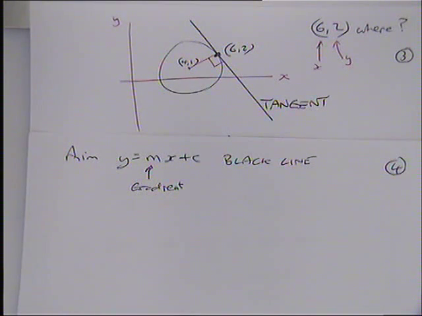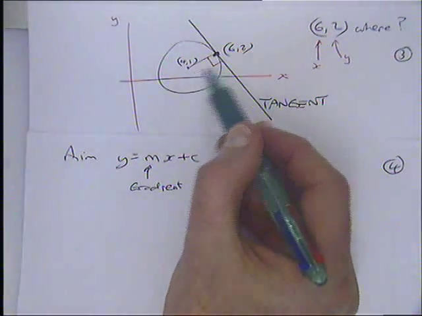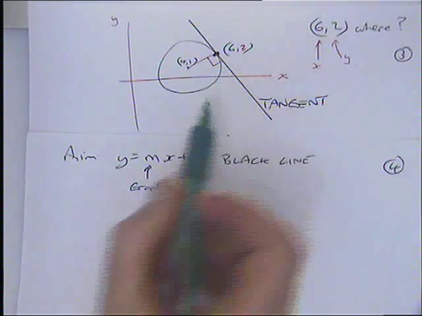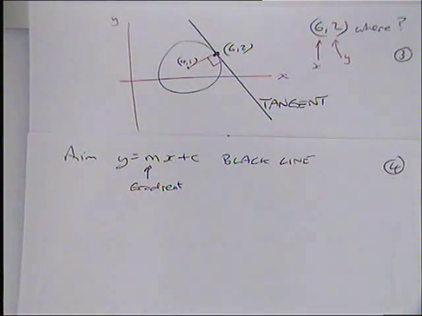You could work out the normal, the radius, because you have 2 points. Right. If I work out the gradient of the radius, because the radius and the tangent are at right angles to each other, when I have one gradient, I can work out the next gradient.